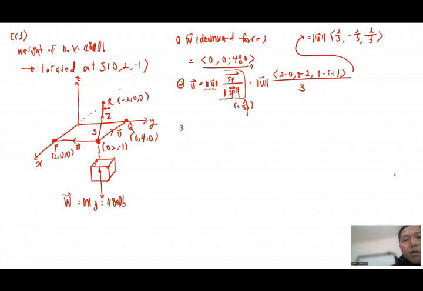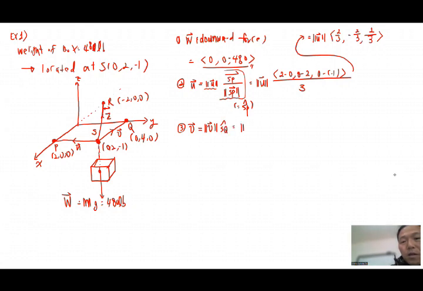Number 3, vector V is the magnitude of vector V times the unit vector along SQ.